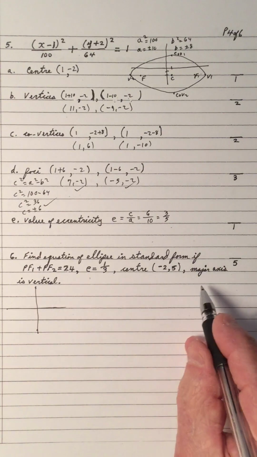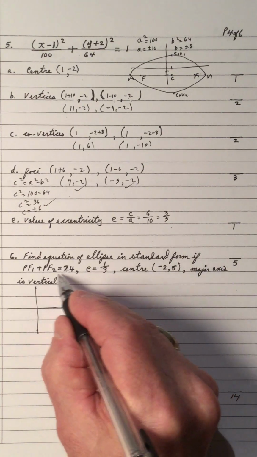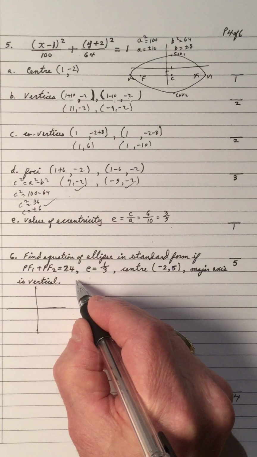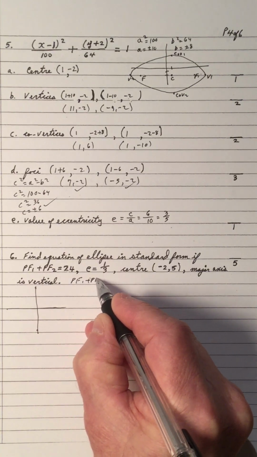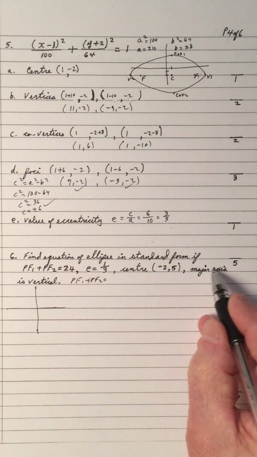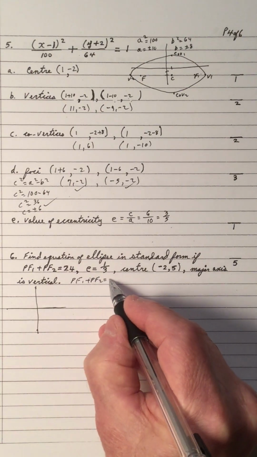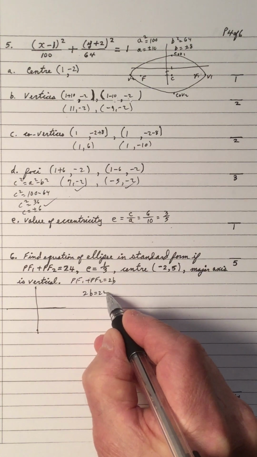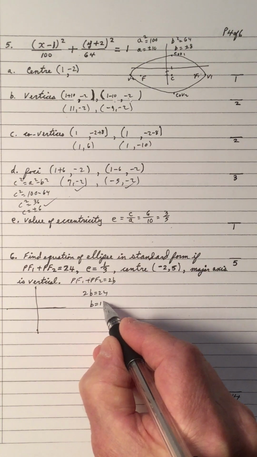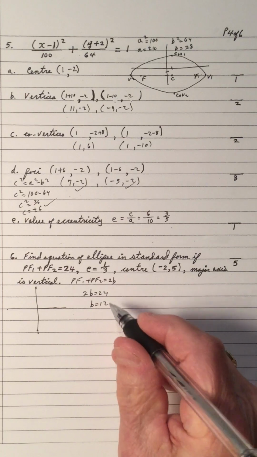So PF1 plus PF2, because the major is vertical, is equal to 2b. So 2b must be 24. So divide by 2, so b is 12.